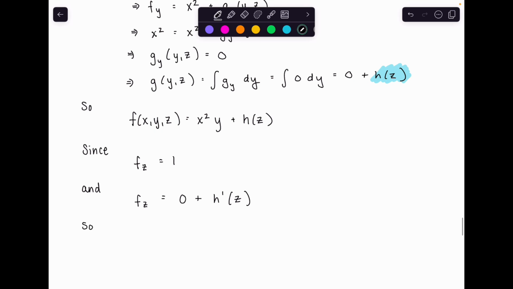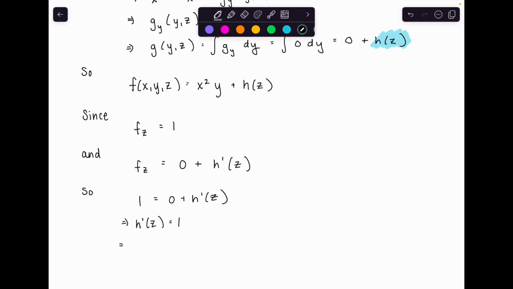So what I get in setting these two equal to each other is 1 is equal to h prime of z. So this tells me h prime of z is 1. So h of z is the integral of this with respect to z. So the antiderivative of 1 is z.